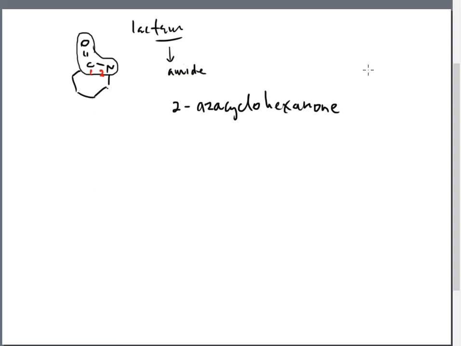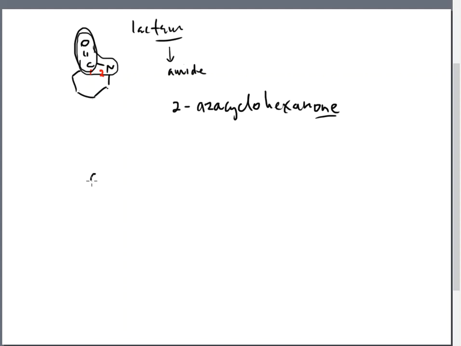The reason that we call this cyclohexanone with an O-N-E ending is because this is a one, which is a ketone. That C double bond O is still present, and I want to give credit where credit is due. So this is a one ending, cyclohexanone. So the 2-aza represents the nitrogen in the ring.